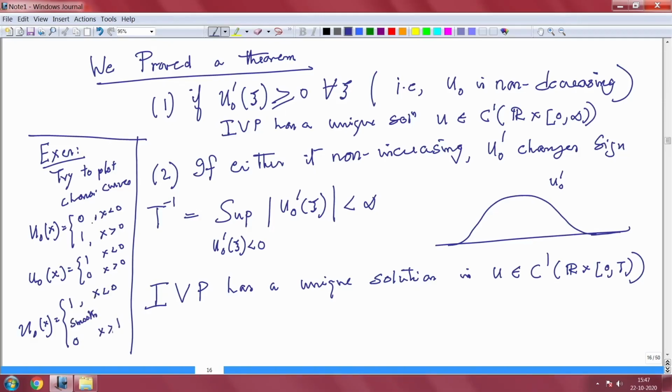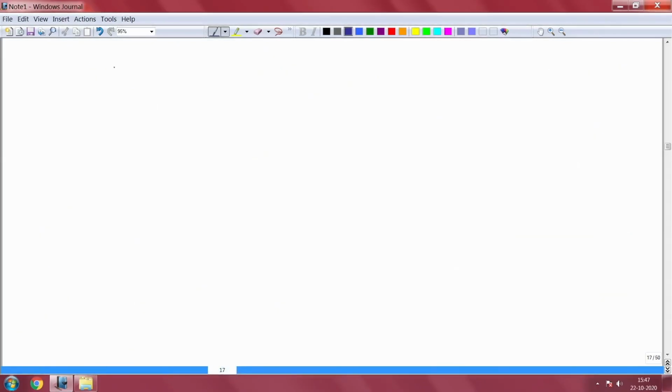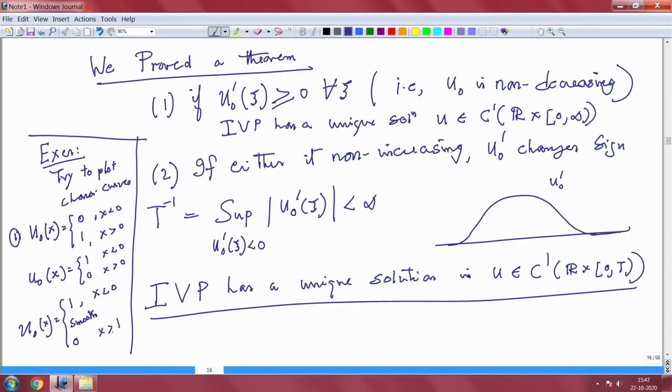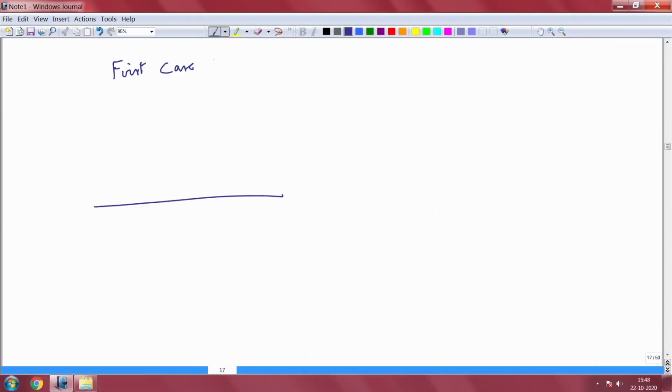So maybe we will go to the first case. Your characteristics are, you look at case 1, you will have something like this, the characteristic, because it is 1.